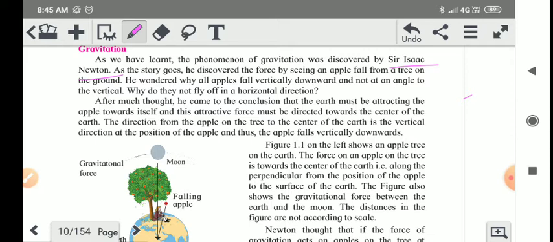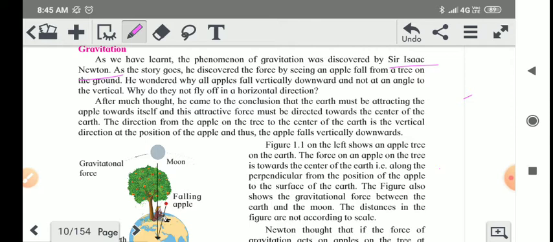So Newton observed that the apples are falling from the apple tree in the downward direction on the earth's surface. Now he thinks, why are these apples not falling in a horizontal direction, or why do they not fly off in any other direction?